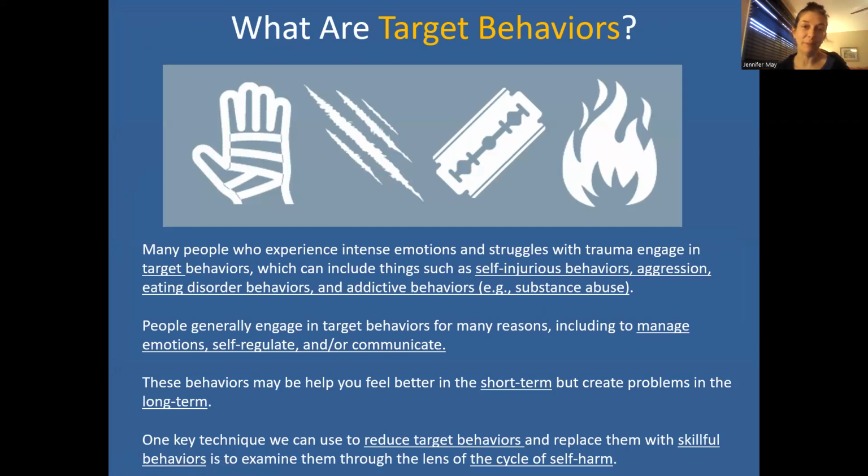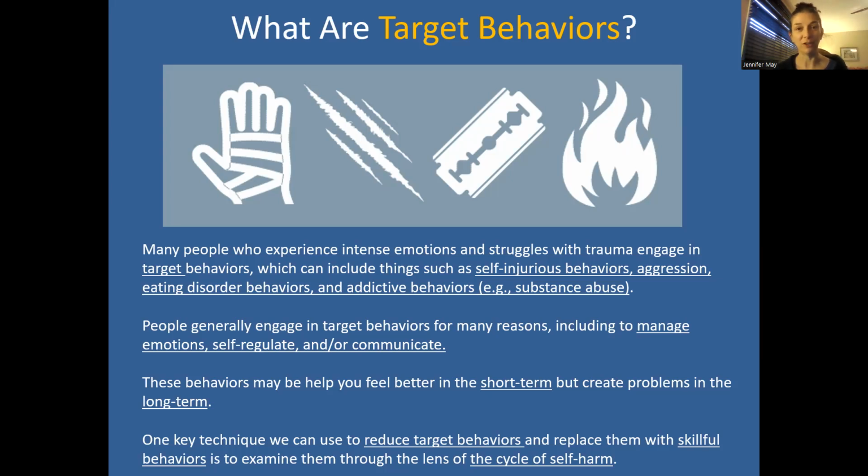In DBT, we use the term target behaviors to refer to a whole array of behaviors that people might use that generally are harmful to self, but are designed to help them manage emotions, self-regulate, and or communicate, or even serve other functions as well. So these could include self-injury.